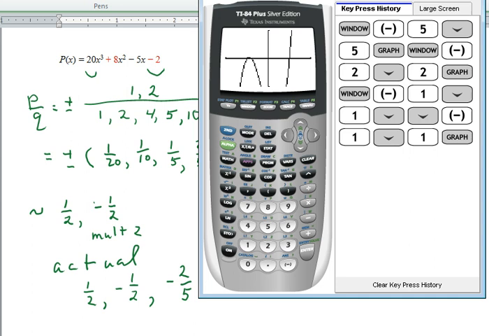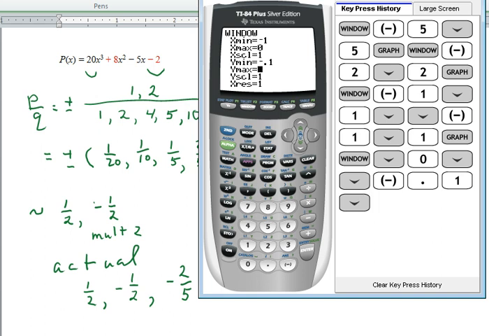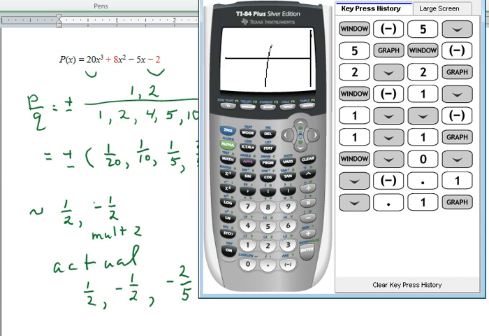It looks as if we would need to go down to a window of maybe, let's do -1 to 0 for x min and x max, and for y min use -1/10, and y max use +1/10. There, we can see it there.